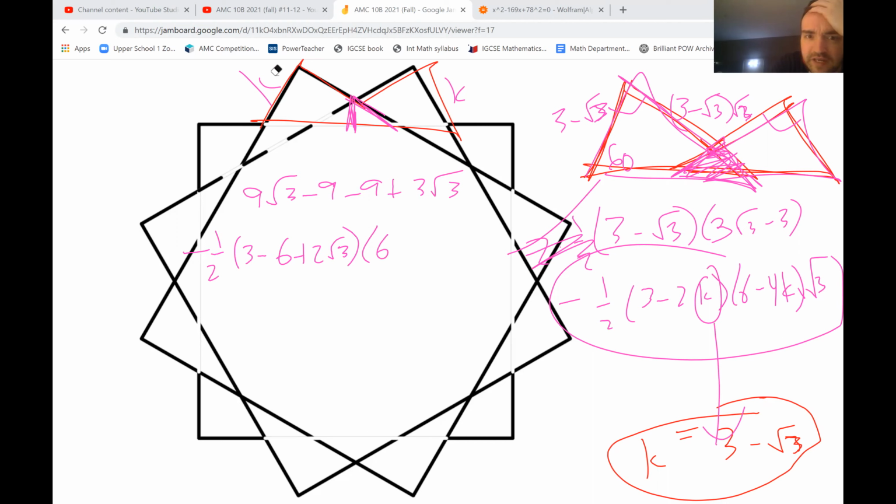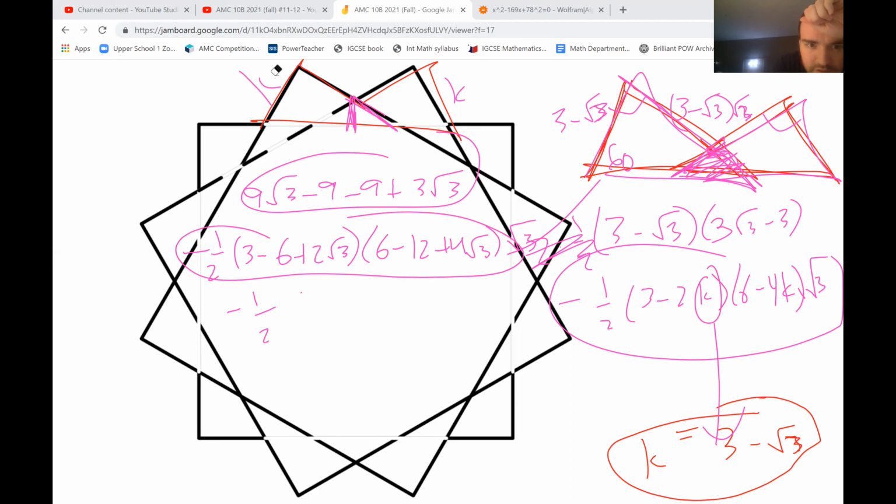And then 6 minus 4k, so 12 plus 4 root 3, right? I'm just working on this part right now; the other part I can figure out later. So it's going to be minus what? Negative 3 plus 2 root 3 times negative 6 plus 4 root 3, and now I'll distribute that out.